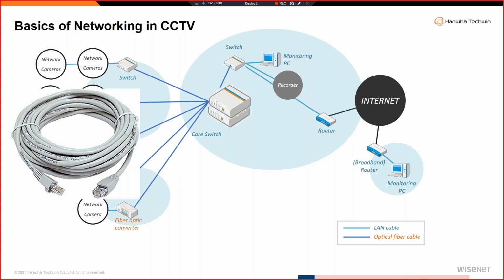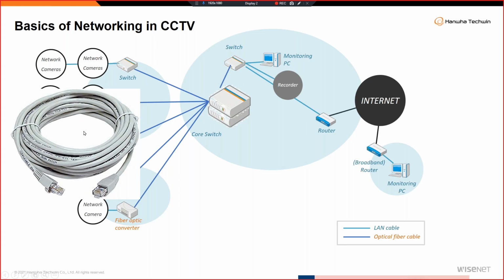Standard wise, it is 100 meters, but that 100 meters includes everything from the camera to your laptop, including all the patch cords and the floor box. So generally we say 90 meters, and the remaining 10 meters we leave for patch cord connections.